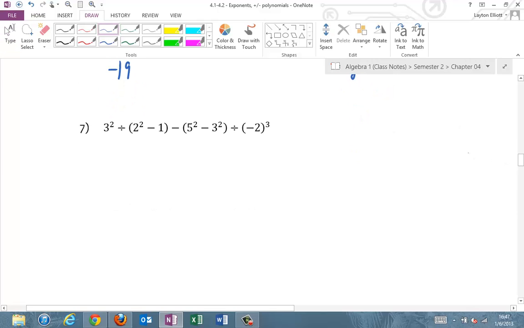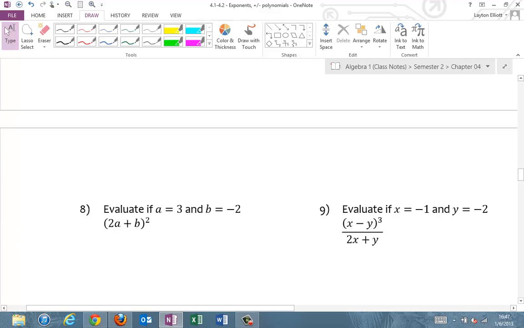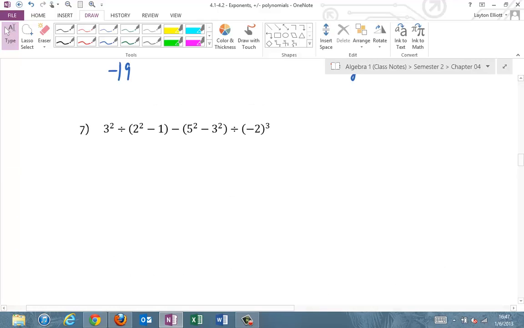Number 7 is a longer string of these, so we have to follow and make sure we're doing the order of operations. So when I look for groupings, I see this, this, and this. And I'm going to do what's inside those first. Meanwhile, I might as well make the 3 squared become 9, because that's not going to affect the rest of the problem.